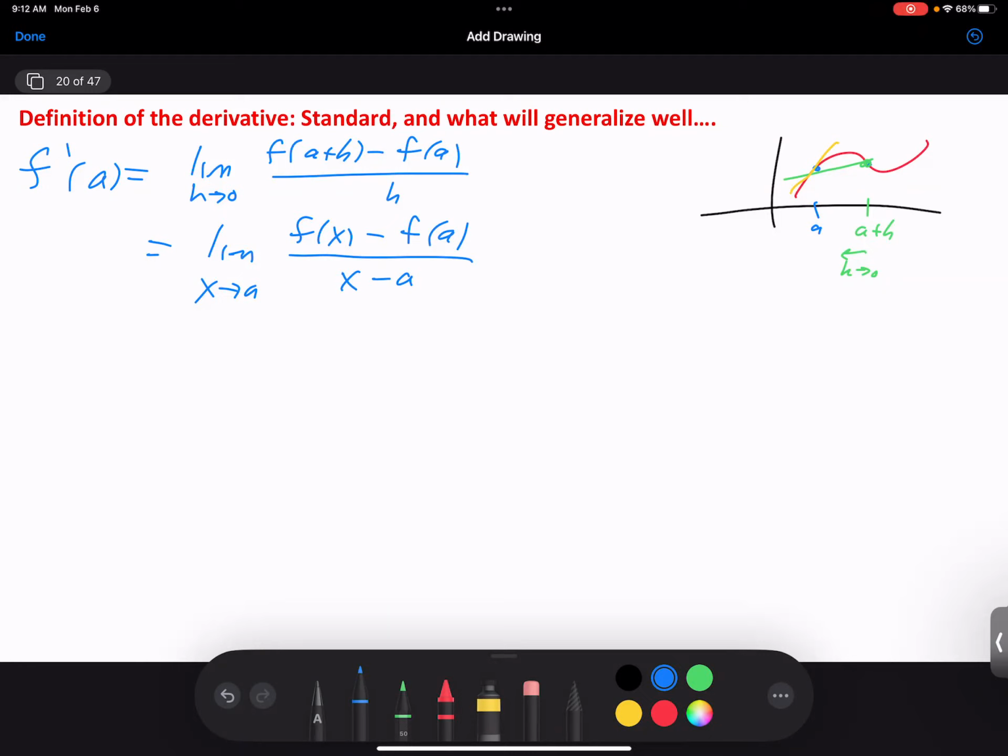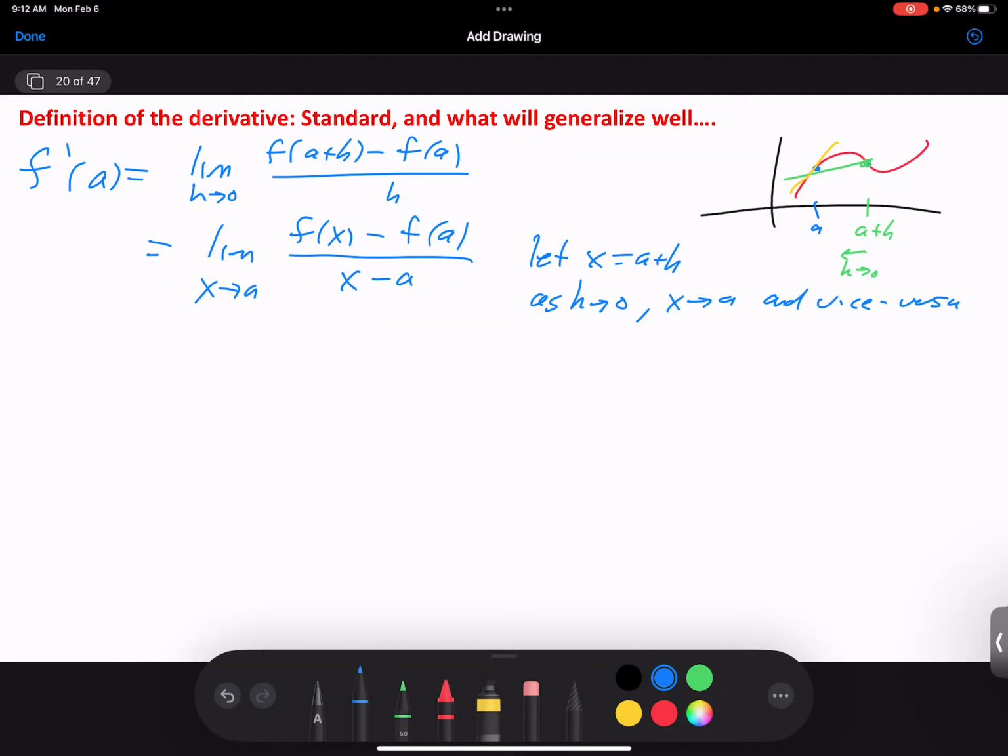How can I view them as the same? You're basically switching x for a plus h. Good. Just let x equal a plus h. As h goes to 0, x goes to a, and vice versa. So really, there's no difference between these two.